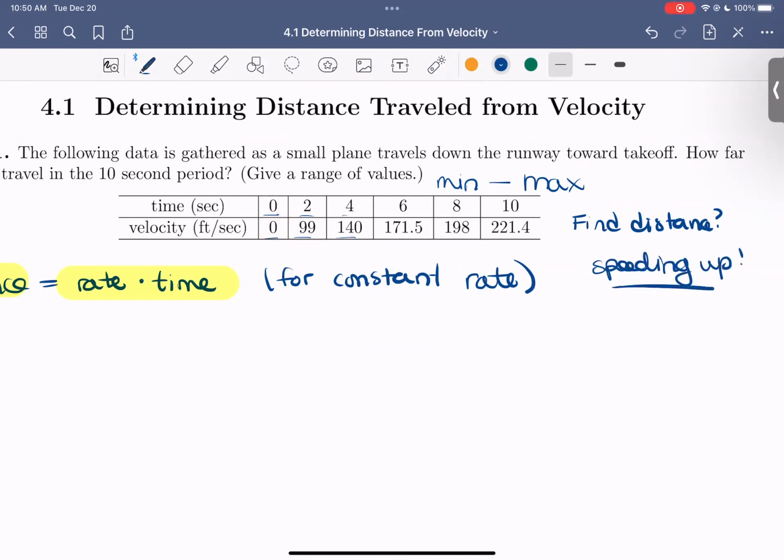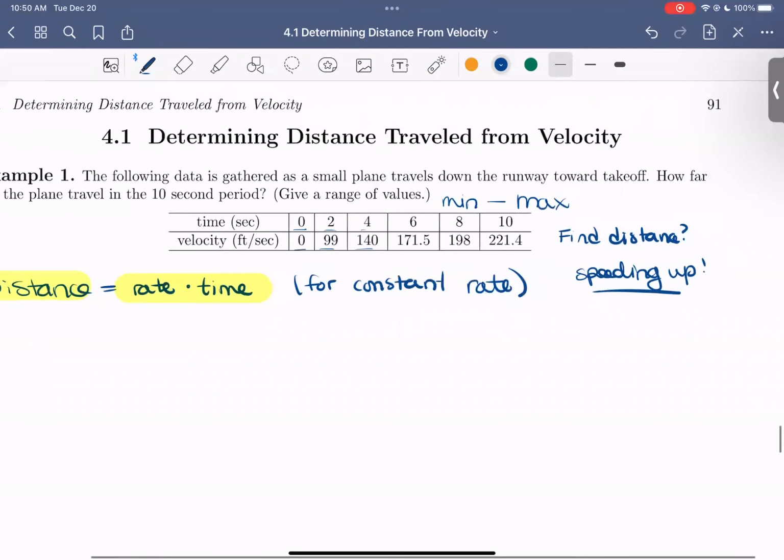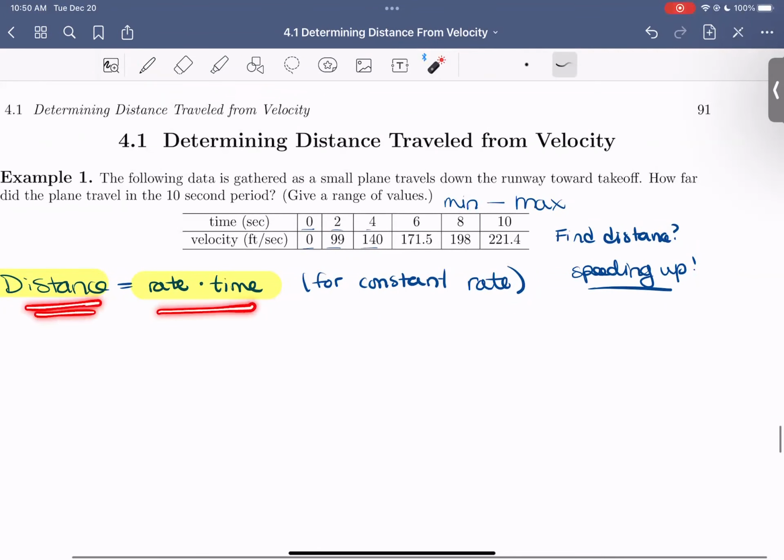So it's not going at a constant velocity. But what we can do is put some assumptions on the situation and simplify the situation so that we can use this idea that distance equals rate times time within this data.